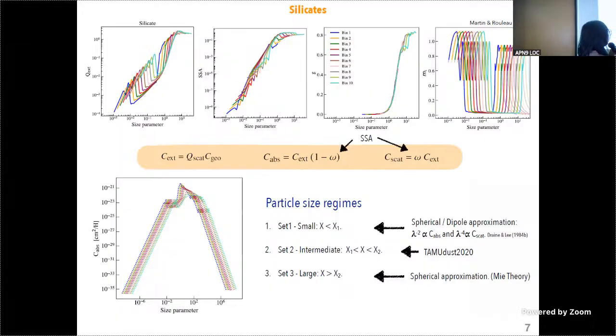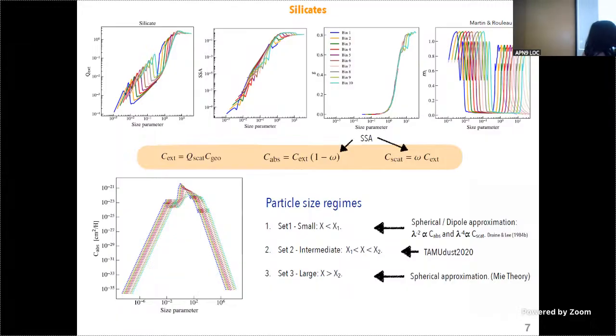So we decided to divide our data into set 1, set 2, and set 3, where we have the small, intermediate, and large particle regimes. For the intermediate, we use the Tamodos data, and for the small grains we need to use the spherical, or ball, approximation.